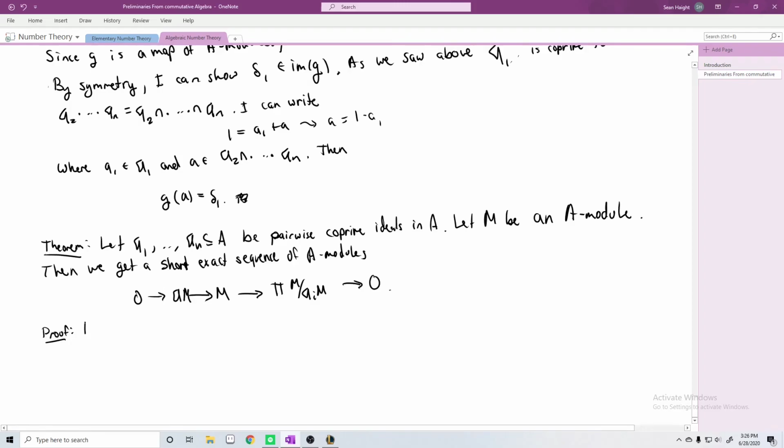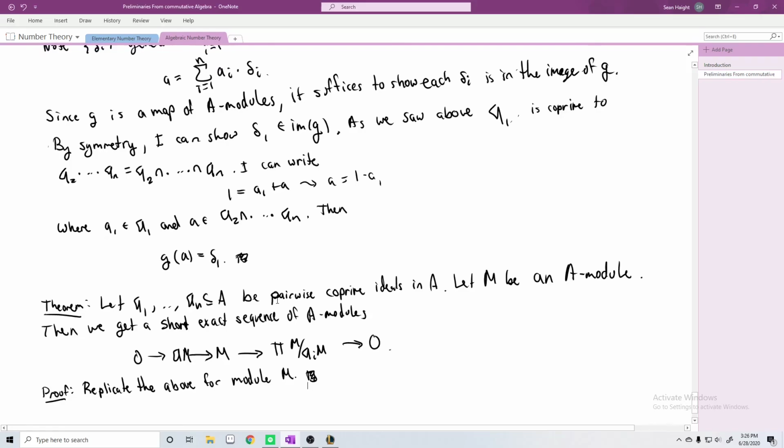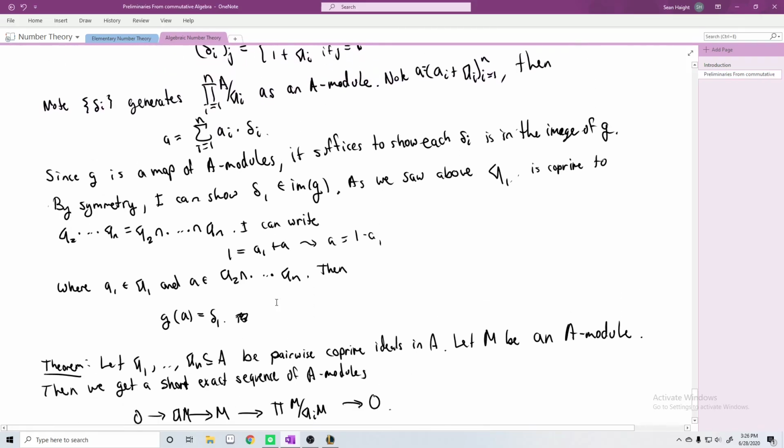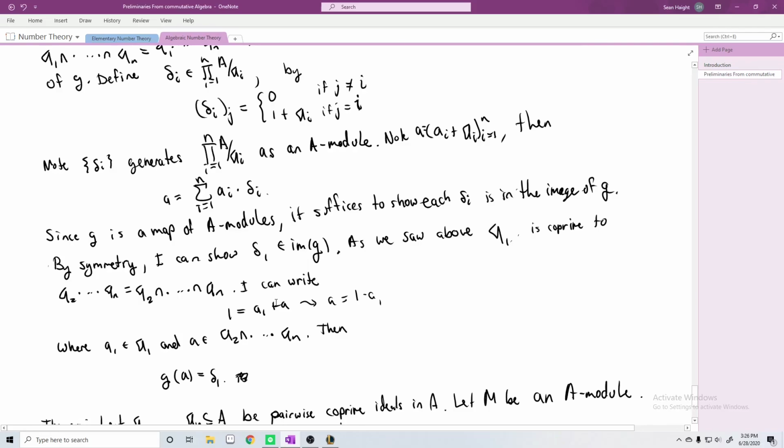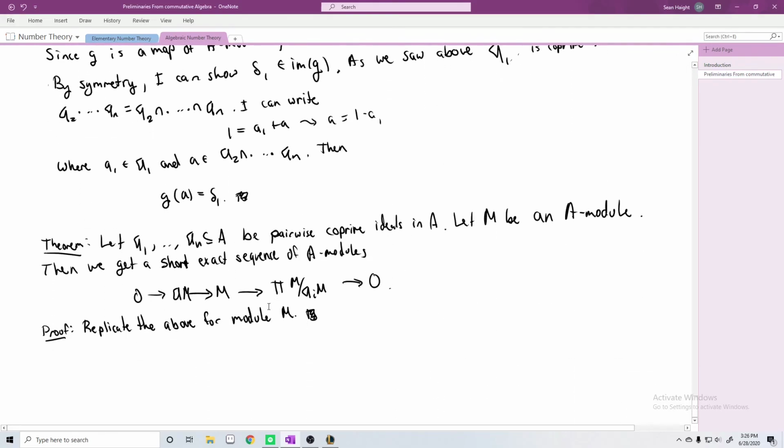Proof: replicate the above for module M. Yeah, I think this will work.